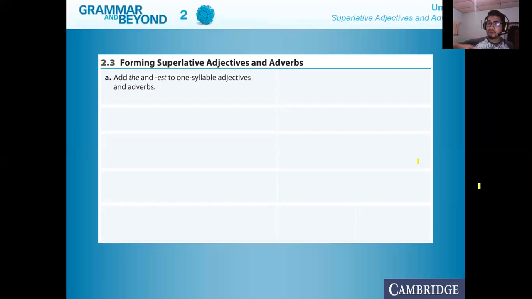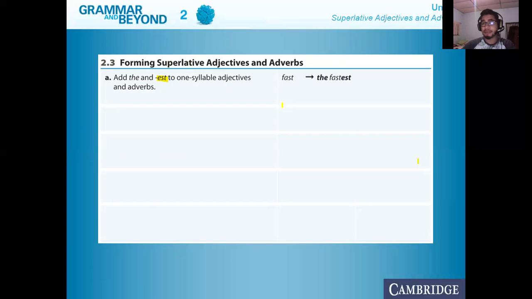And when you have two or more syllable adjectives, you add more to compare or less to compare something in a negative way. So in this case, add the est to one-syllable adjectives and adverbs. How do you know it is one syllable? I mentioned it in the past video: the pronunciation. That is going to let you know if it is 1, 2, 3, or 4 syllables.